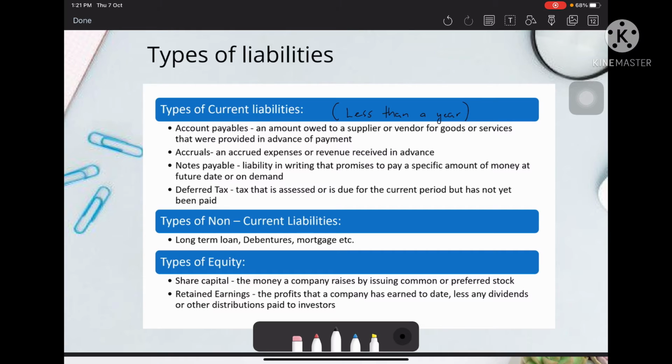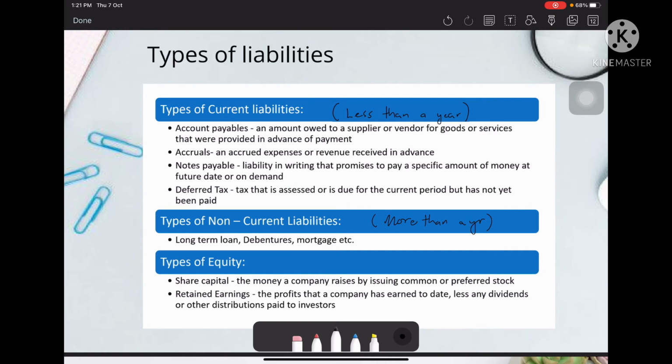So the cut-off point is 1 year. Less than 1 year is current liability, and for the liability with maturity more than 1 year, it's called a non-current liability.